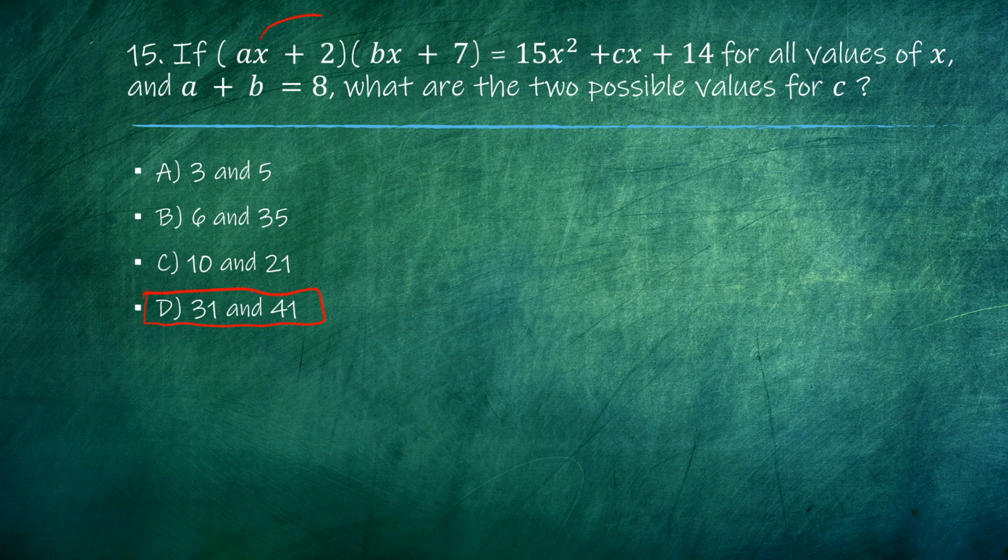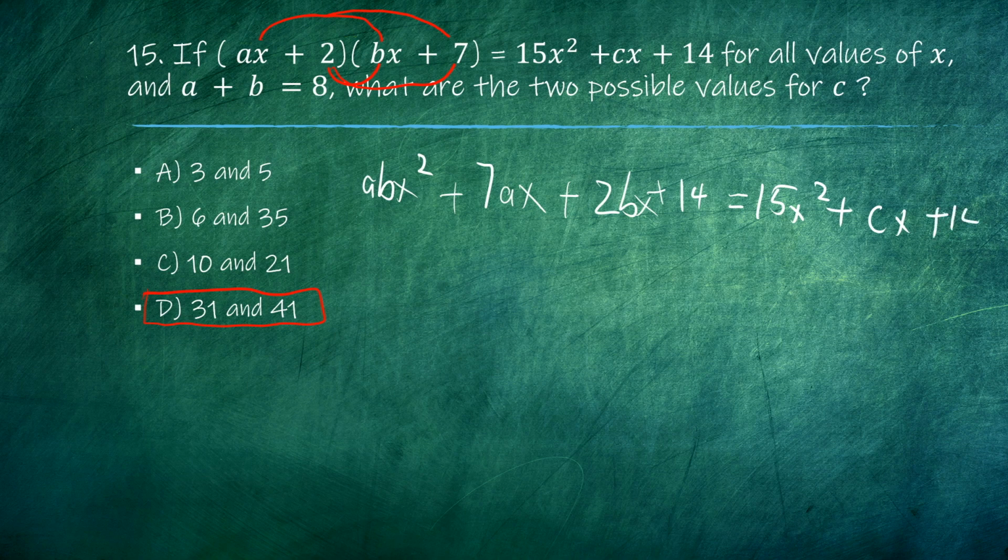So we have ax times bx, which will give us abx squared, and then ax times 7, which will give us 7ax, and then we have 2 times bx, which will give us 2bx, and lastly we have 2 times 7, which will give us 14. And we know this whole thing is equal to 15x squared plus cx plus 14.